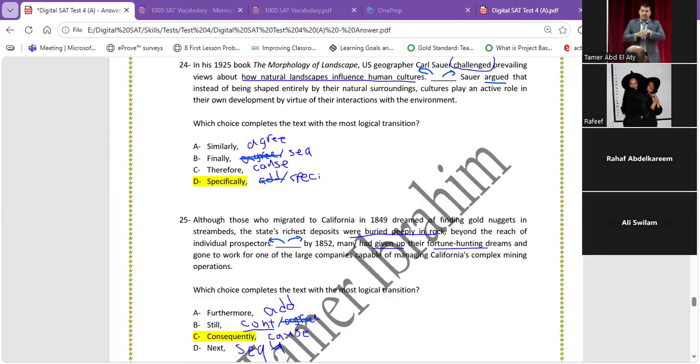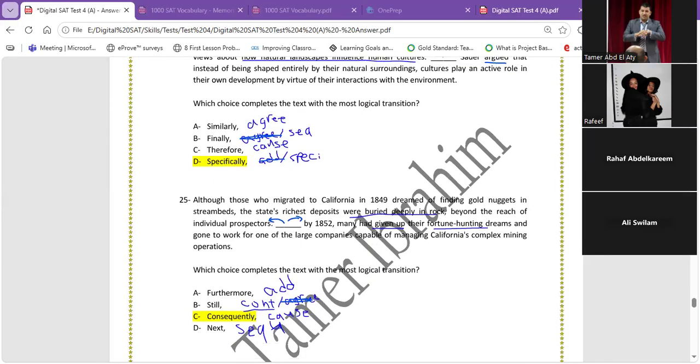As you can find: furthermore, addition; still, contradiction; consequently, cause and effect; next, sequence. So let's take a sentence before and after. Take care: whenever you find before dates and after dates, it can be sequence, but we have to be sure.